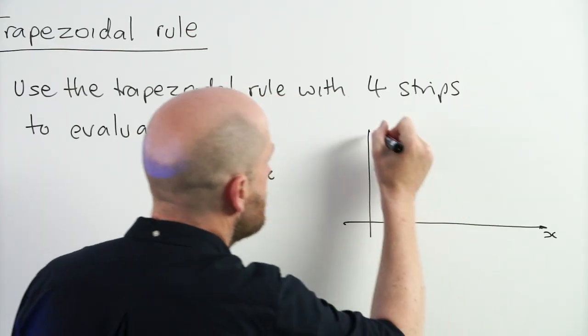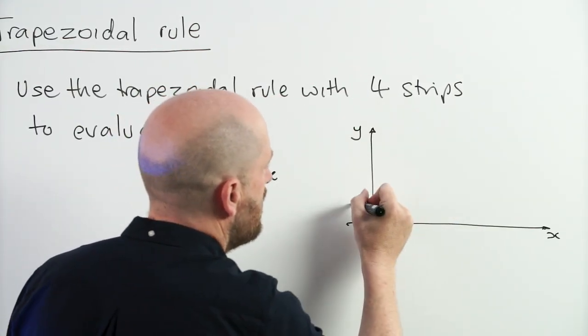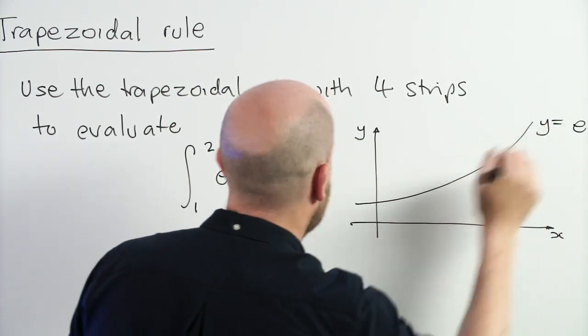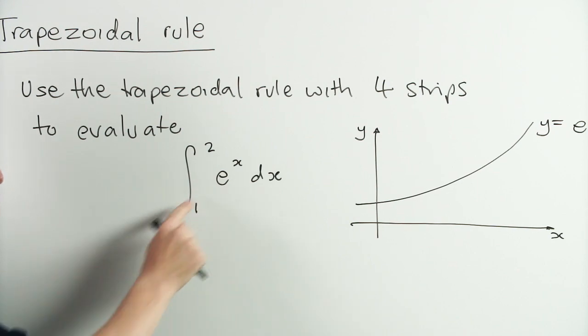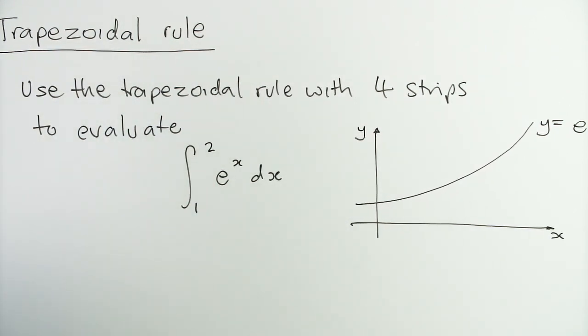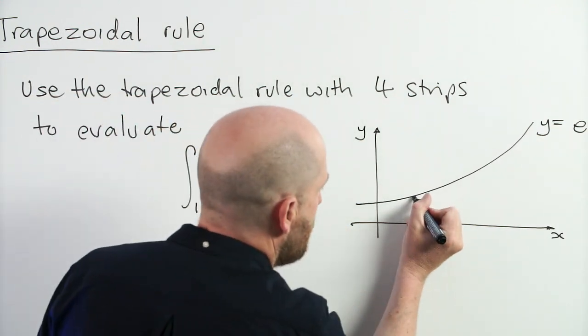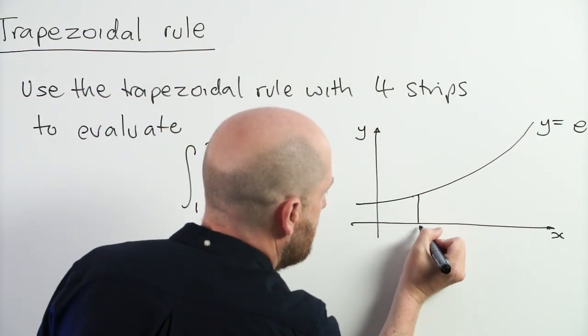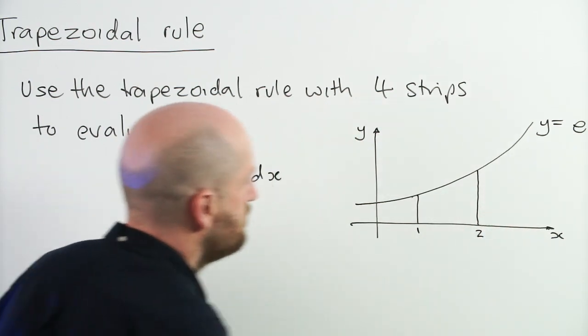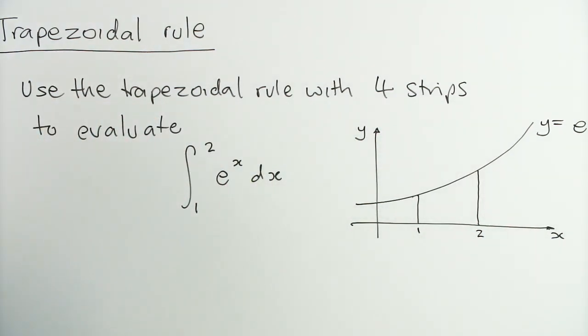We're asked to consider the graph y equals e to the x, and I'm effectively wanting to work out the area underneath that graph between x equals 1 and x equals 2. That's the area I want.